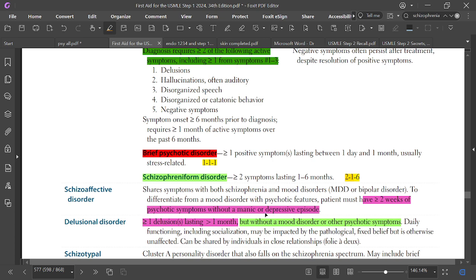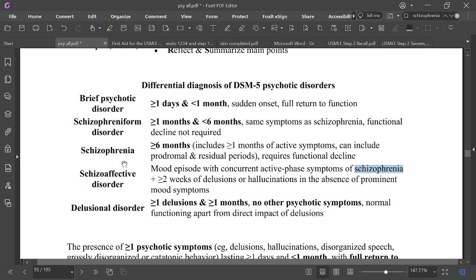To differentiate from mood disorder with psychotic features, the patient must have a mood episode with a concurrent active phase of schizophrenia, plus 2 or more weeks of delusion or hallucination in the absence of prominent mood symptoms.